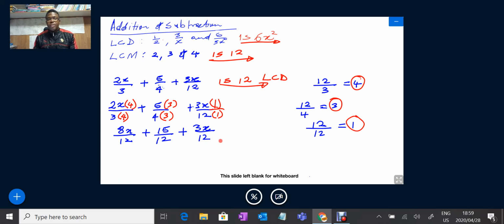It talks about similar denominators. So we're going to add this and have 11x plus 15 over 12. This is the answer. I hope this was straightforward.